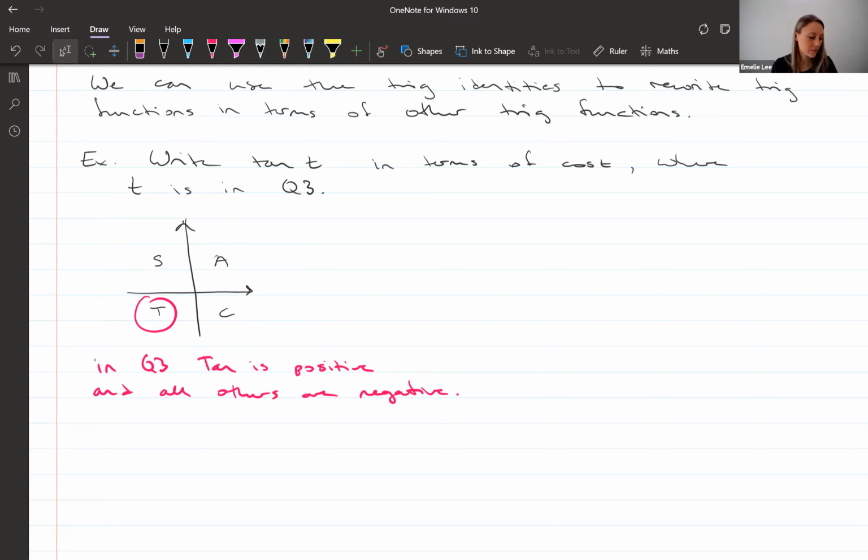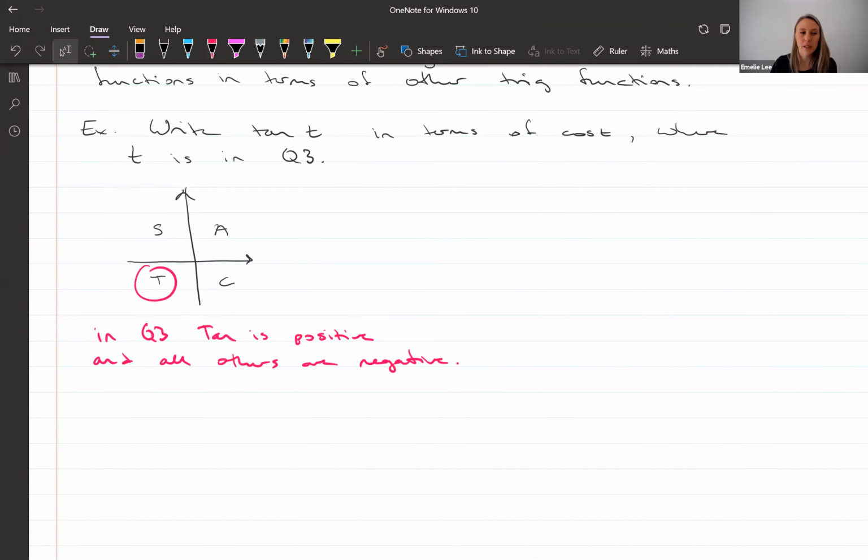So that means that cos and sine are going to be negative in the third quadrant.